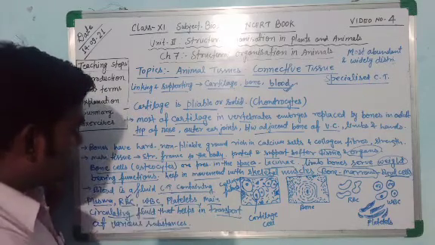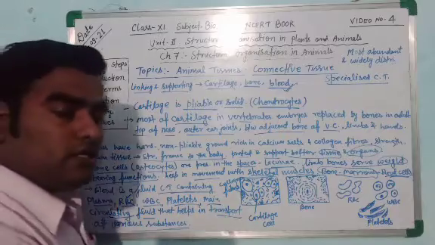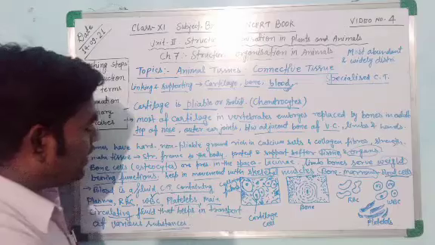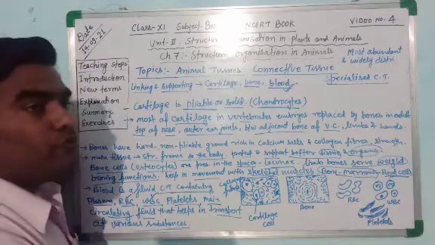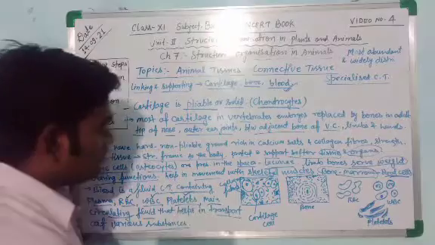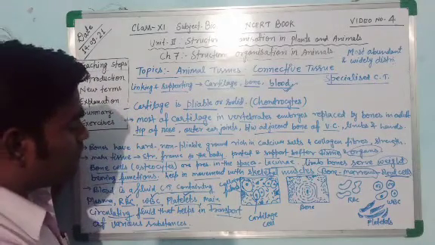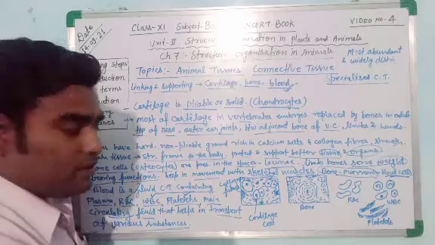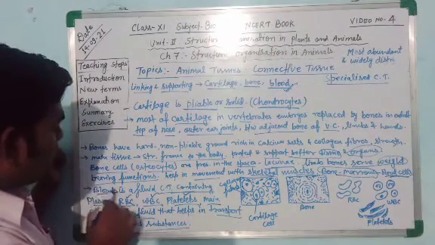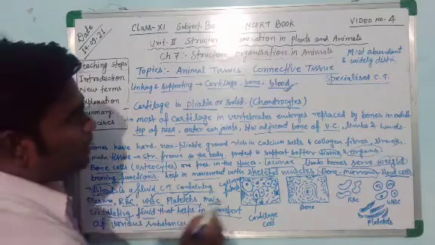Red blood cells help in the transport of gases. White blood cells provide immunity to the body, and platelets perform the function of blood clotting. So these are the three types of blood cells found in the body.